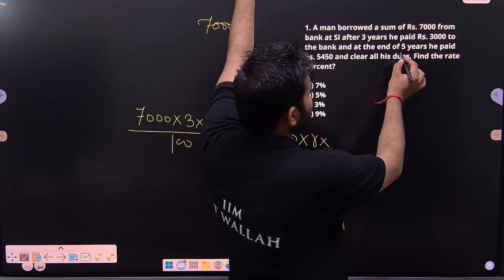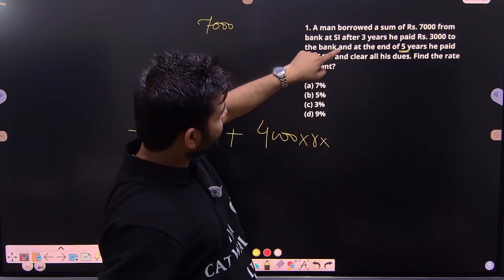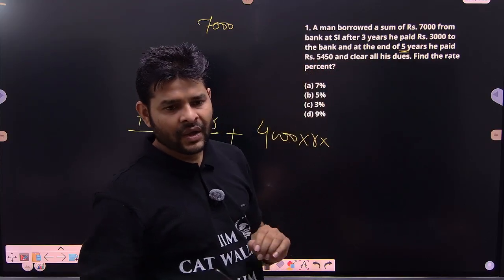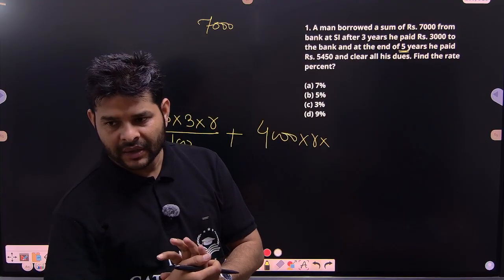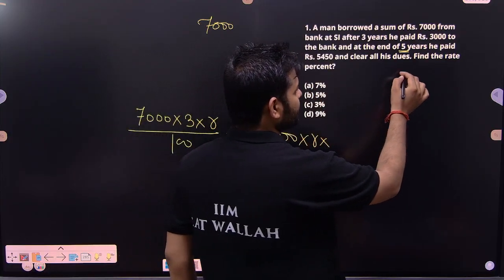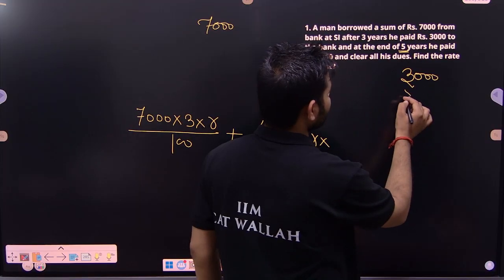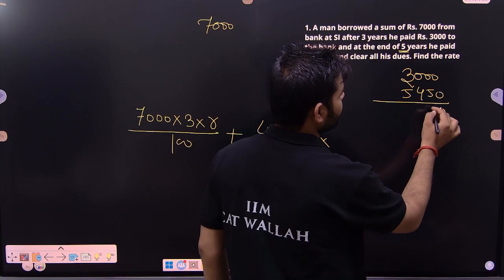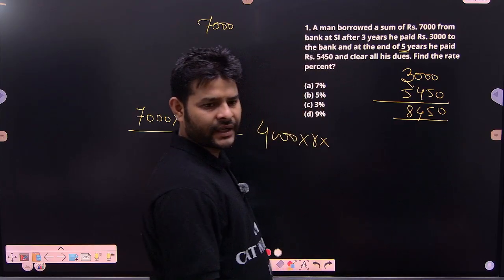At the end of 5 years he paid 5,450. So first he paid 3,000, second he paid 5,450, so in total he paid the bank 8,450.